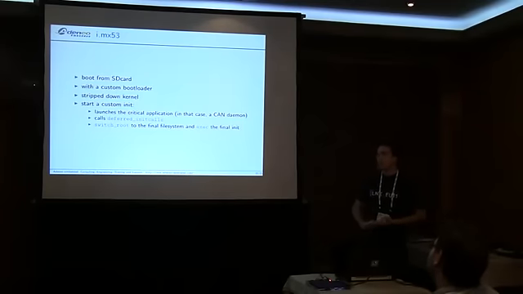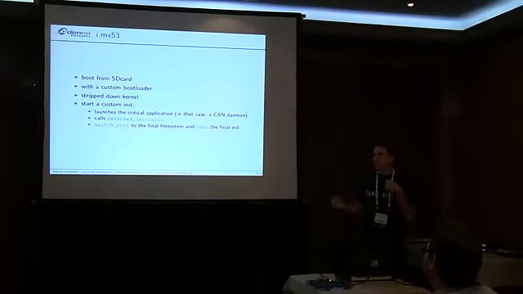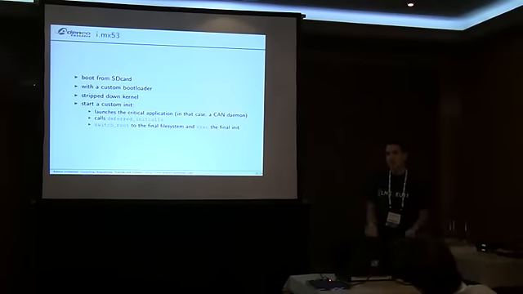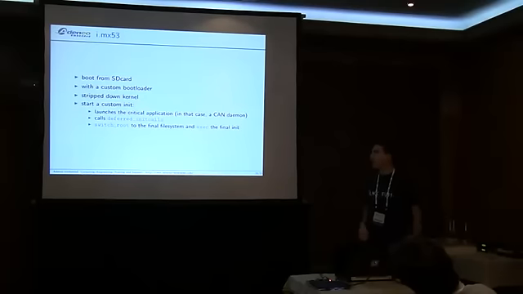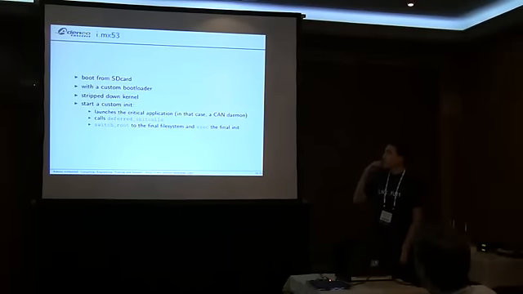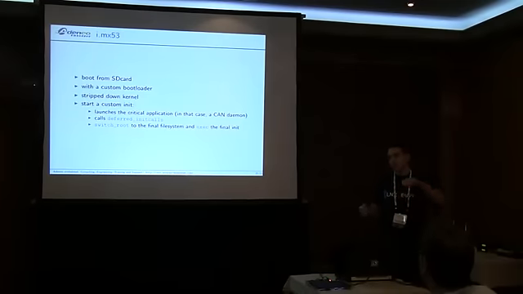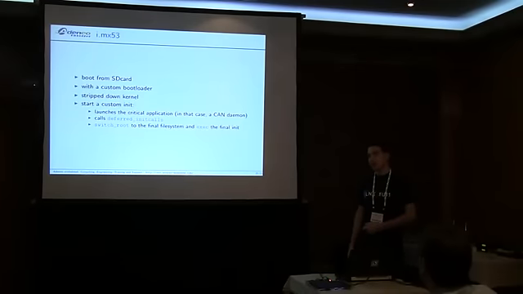And then we wrote a custom init. The custom init was just the critical application itself, and in that case it was a daemon. That application will call deferred init call once it's ready, so your kernel will continue to boot.